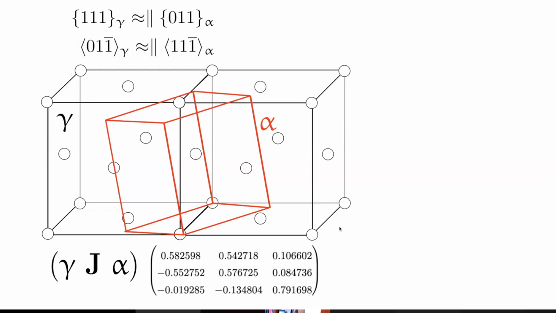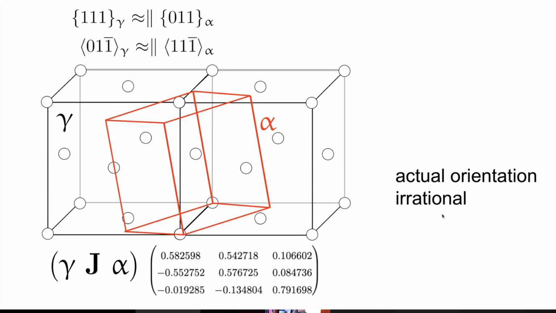So you should regard the Nishiyama-Wassermann and Kurdjumov-Sachs orientations as approximate, and this matrix actually defines approximately the irrational orientation. So if you multiply this by any column vector, you will change the indices from ferrite to austenite. Okay, so we need to explain why the actual orientation is irrational, just like the habit plane.